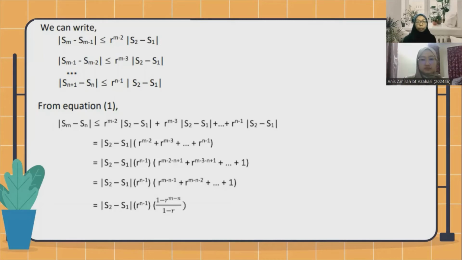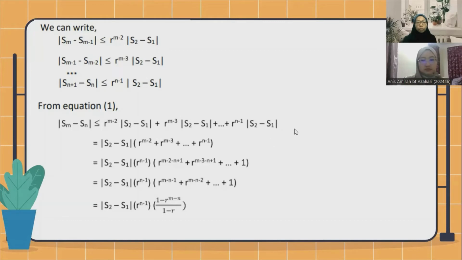So if we simplify, it will equal |S_2 - S_1| times (r to the power of m minus 2 plus r to the power of m minus 3 plus etc., up until r to the power of n minus 1).